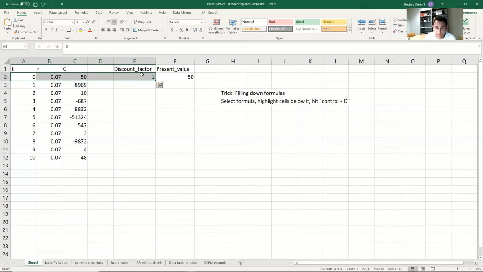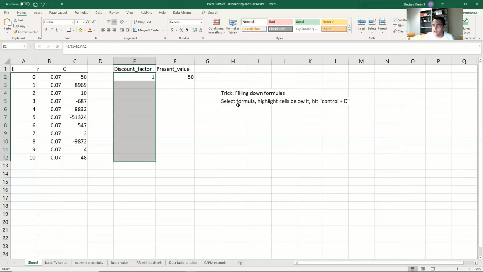It's not on sale. We're going to fill this formula down, and Excel is going to calculate the formula the same way it did in E2, but now for every cell below that. It's going to pull the time from column A, the rate from column B, and then calculate the discount factor.